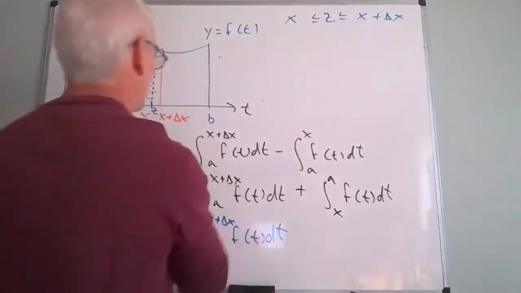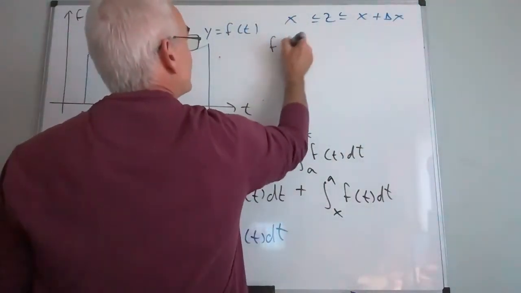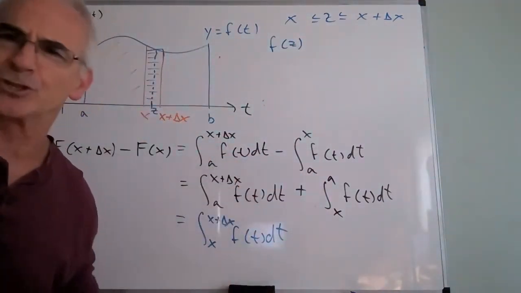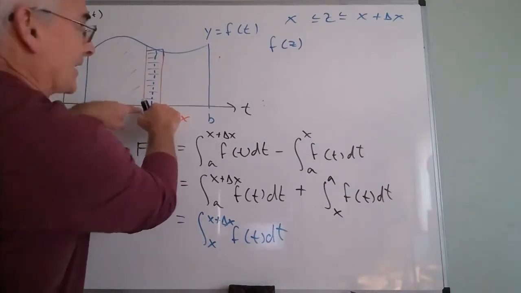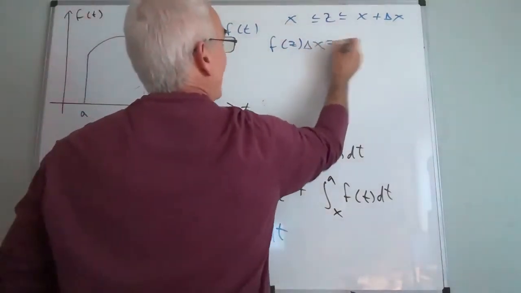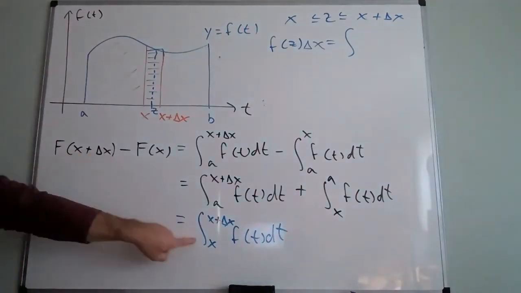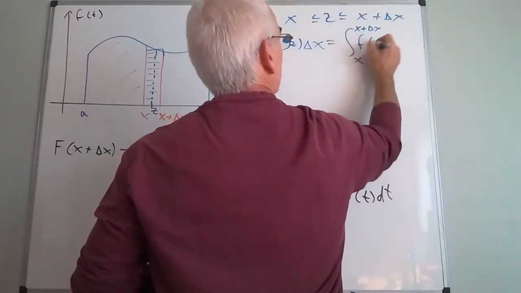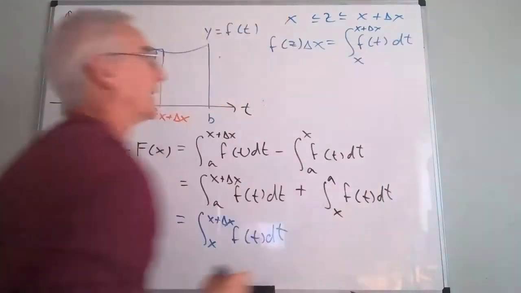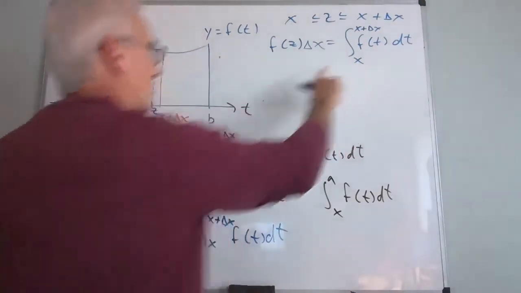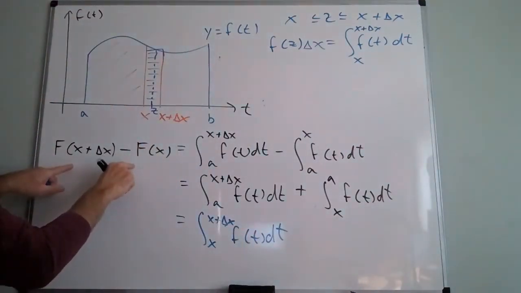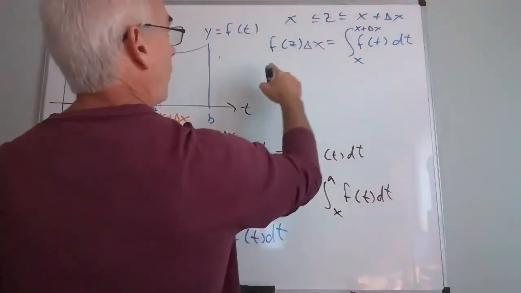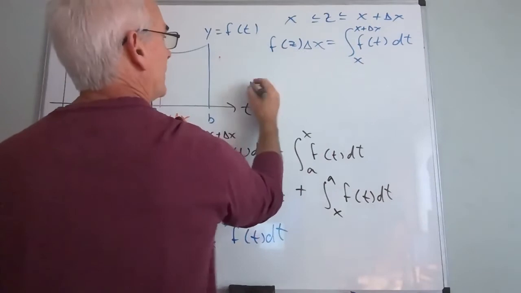I know that, and here's what I also know. I know that f of z times the width of the interval. Before we said b minus a, that was generic. The width of this interval is delta x. That's times delta x. And that's got to equal what? This. Okay, but what else does this equal? This also equals this. So what if I want f of z by itself?